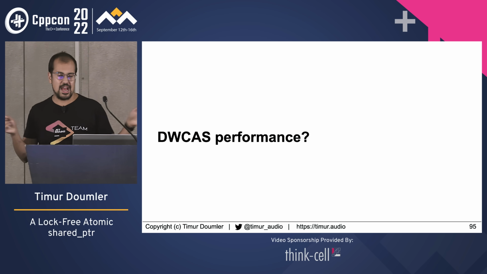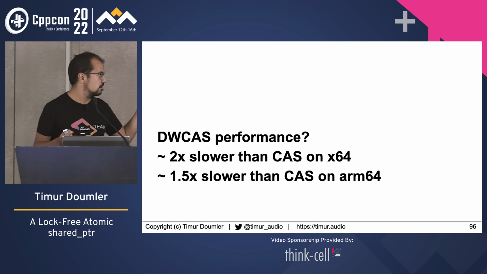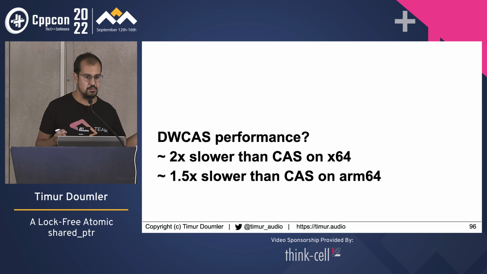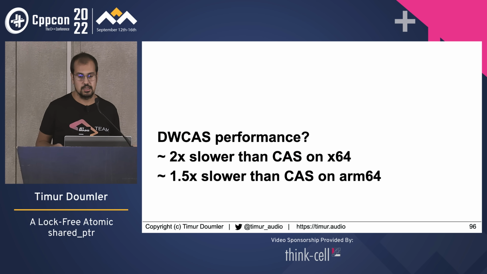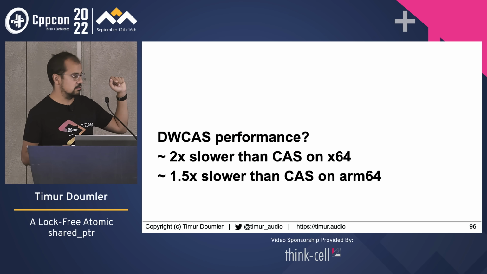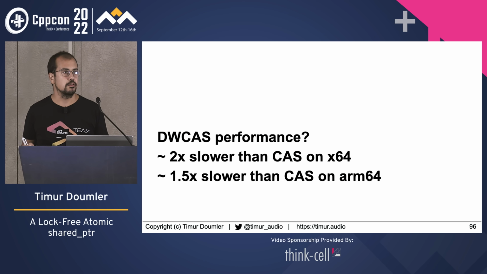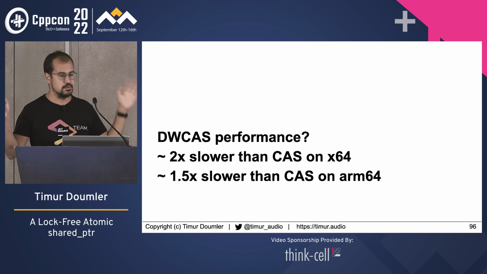People were saying, yeah, but it's super slow, and I measured it, and actually, nah, it's not. On Intel, it's about twice as slow as normal compare and swap, which is unsurprising because it does double the work, so that makes sense. I tested it on the oldest machine I had around, a Mac Mini from 2012, and even there it was 2 times slower and not 100 times slower or something like this.